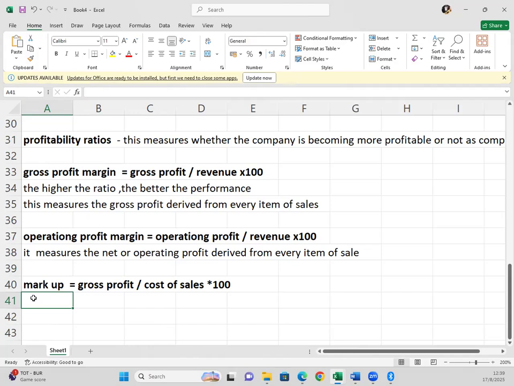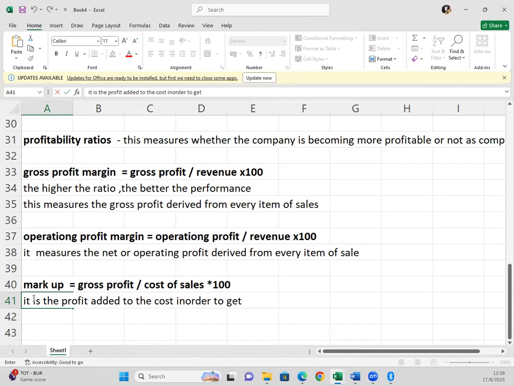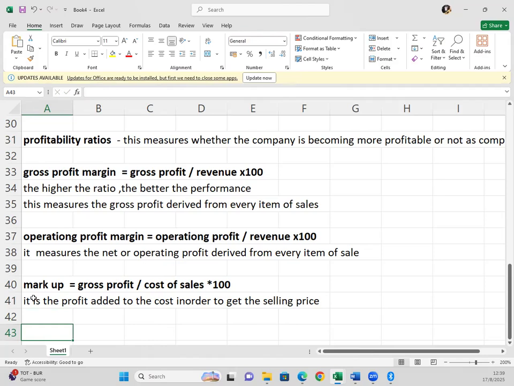So the markup is the profit added to the cost in order to get the selling price. The markup is the profit we add to the cost to get the selling price.